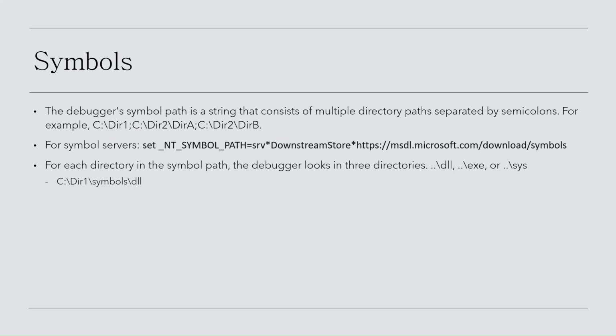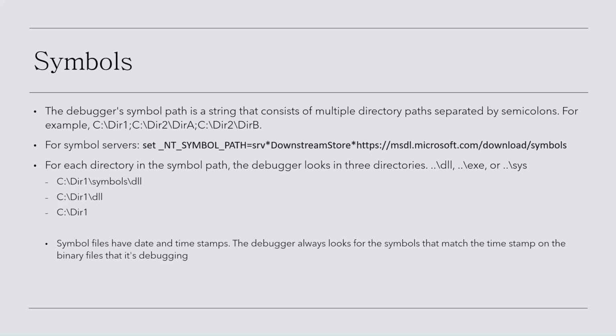If it doesn't find it there, it will go to cdir1 slash symbols slash DLL if your binary is a DLL, otherwise if it's an exe, it will go to exe, otherwise it will go to sys. Then it will also go to cdir1 and DLL or exe or sys directly. So these are the different locations that it will try to look for the PDB if you set the path only to cdir1, for example.